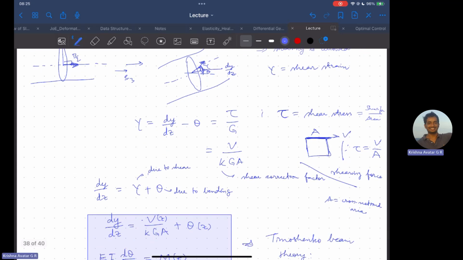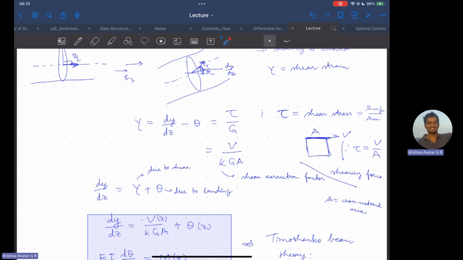Now we introduce a correction factor K to take into account some of the cross-sectional effects, right? So we have this K here, which is a shear correction factor. We take this since tau does not vary uniformly throughout the cross section.